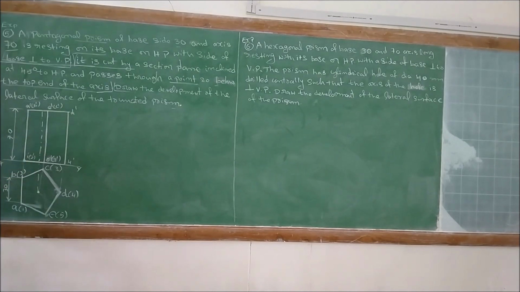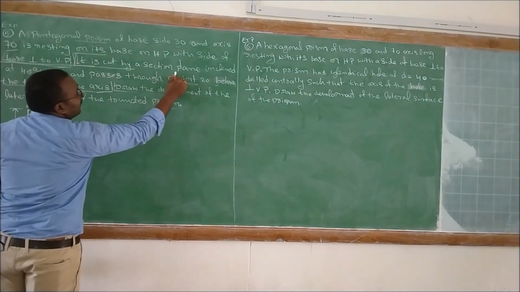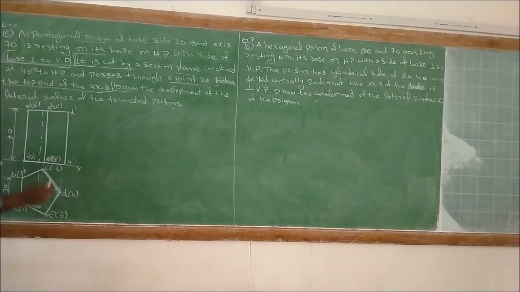Up to now we will get around 3 to 4 marks. Then you need to show that it is cut by a section plane, right? The section plane is inclined to HP at an angle of 45 degrees, so we will get the cutting plane on VP. Here this is the vertical plane and here it is the horizontal plane. It is making an angle of 45 degrees to the ground.